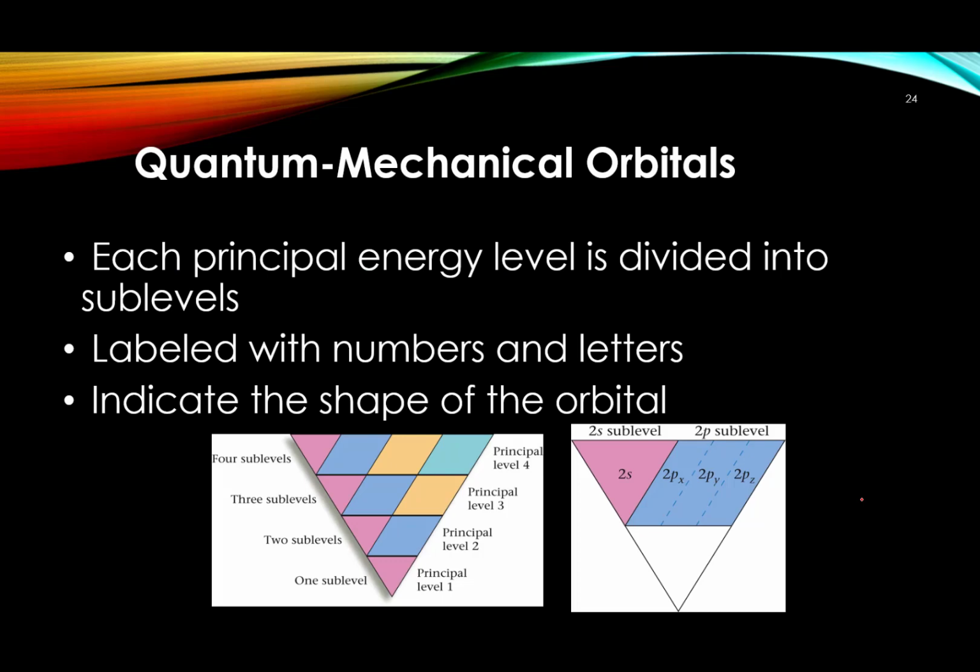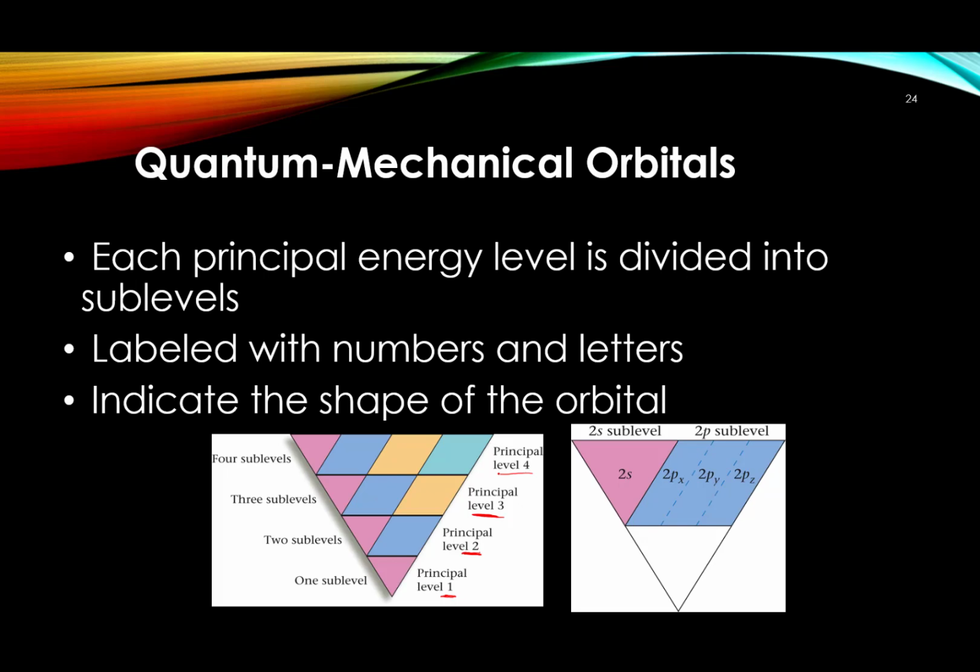All right, now remember I said each orbital has a number and a name. We have principal energy level 1, 2, 3, 4, 5, 6, and 7. Now I'm going to talk about each energy level.